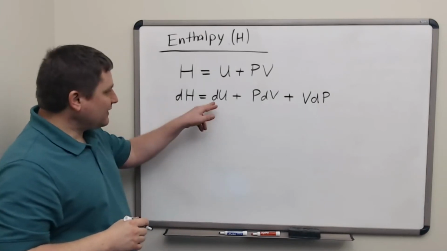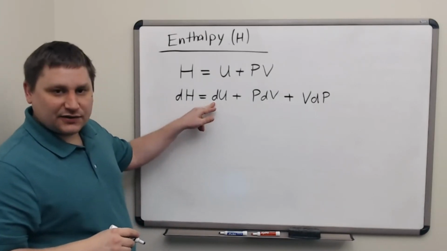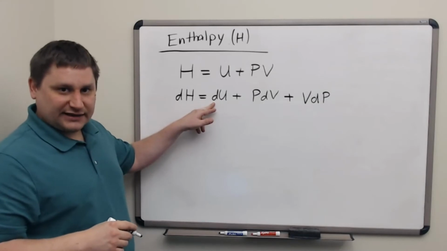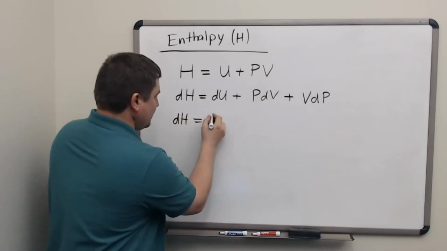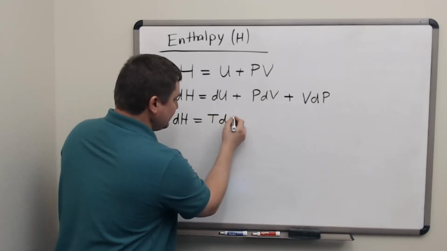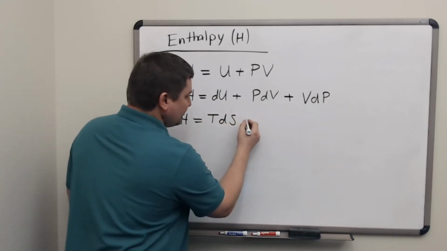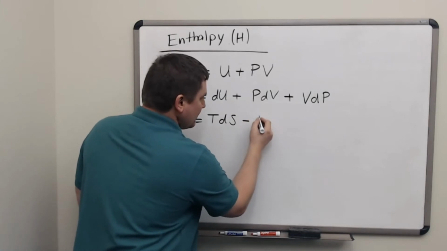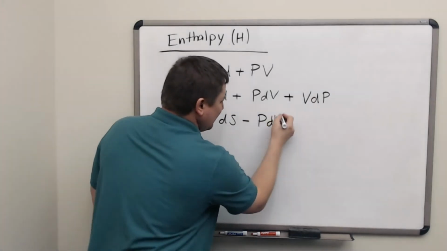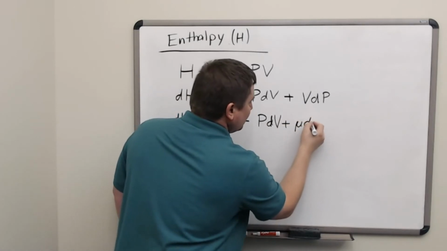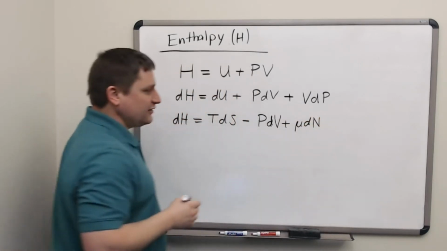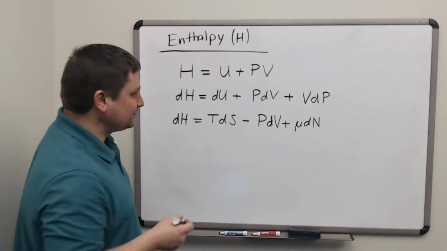Now we'll focus on the dU, and substitute the fundamental thermodynamic identity. dU is equal to T times a small change in entropy minus the pressure times a small change in volume plus the chemical potential times a small change in the number of molecules.